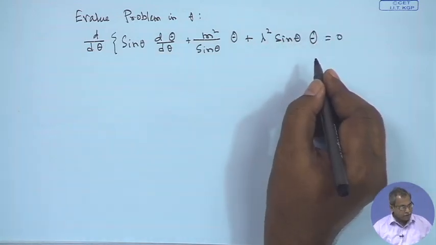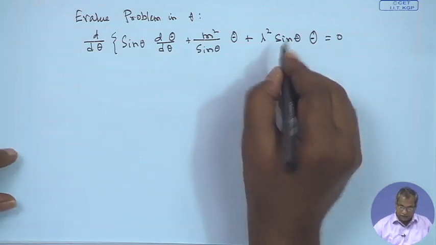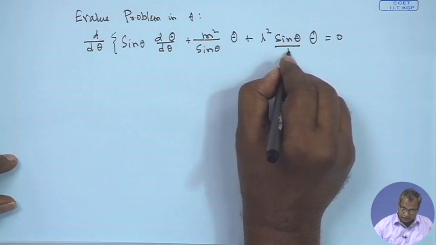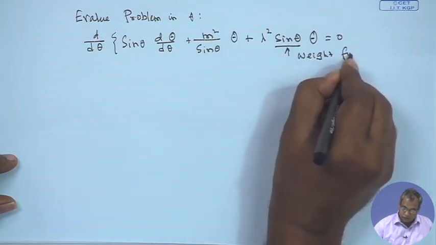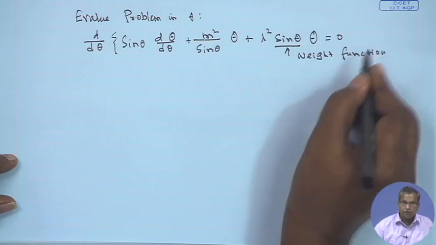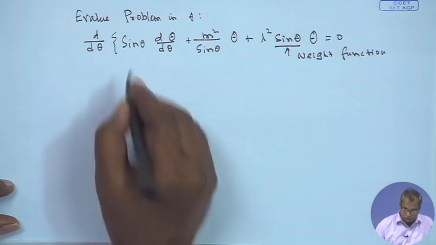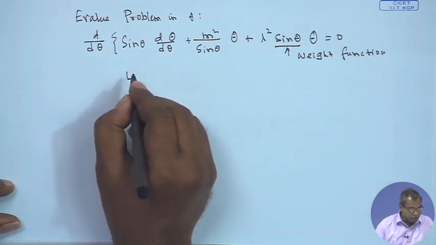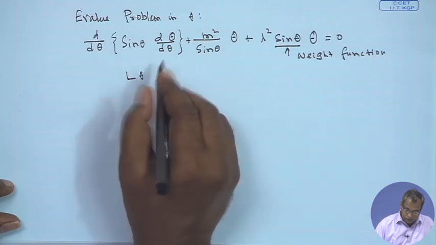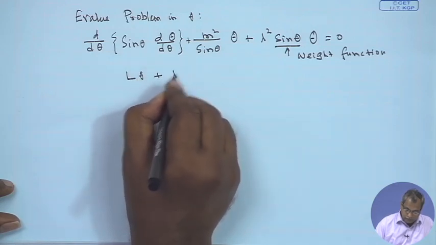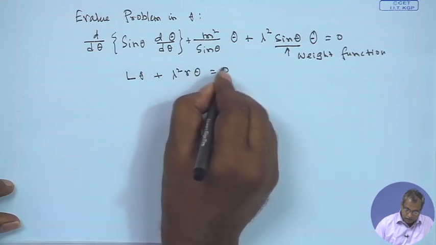Now, if you look into this equation, you can find that this sin theta is nothing but the weight function. If you look into the standard eigenvalue problem in the form of L theta plus lambda r theta is equal to 0, so this will be in the form of L theta plus lambda squared r theta is equal to 0.